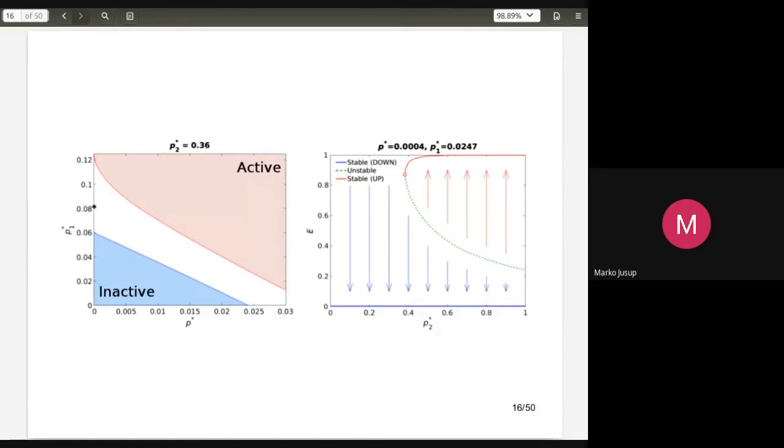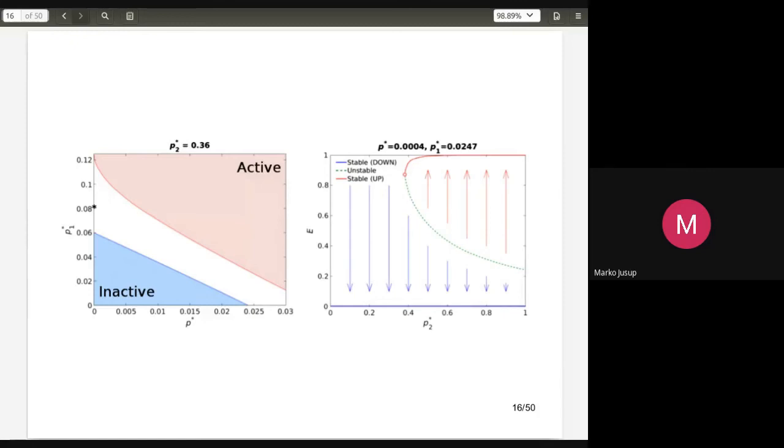And then we can get beautiful situations like here, in parameter space, where we look at different probabilities of activation. On the left panel, the horizontal axis is the probability of spontaneous activation, so intrinsic activation.